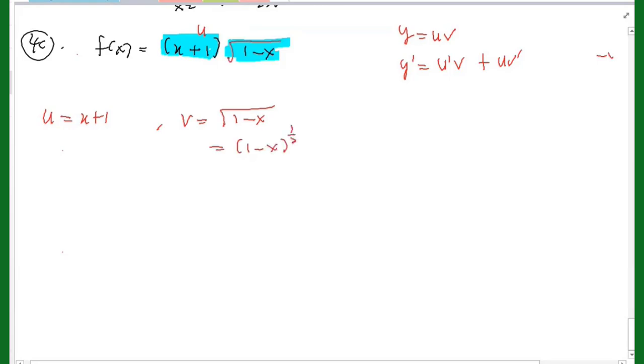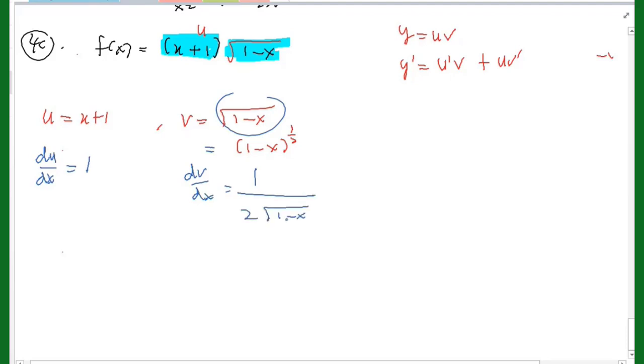Now differentiate u with respect to x: 1. Differentiate v: let's say 1/2 (1 minus x), differentiate 1 minus x to get negative 1, right?